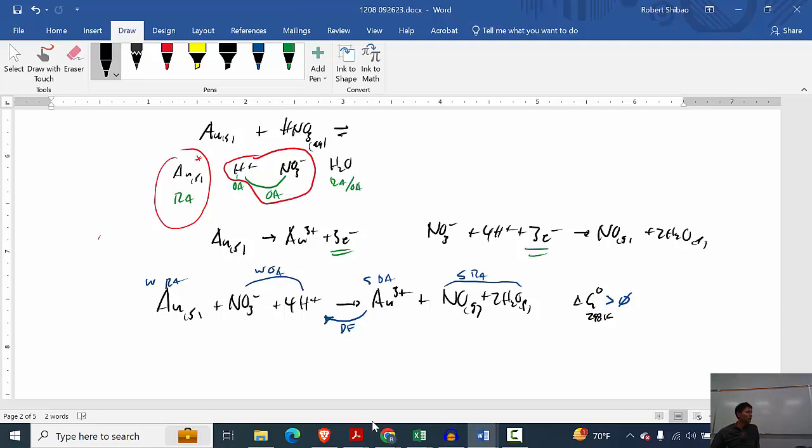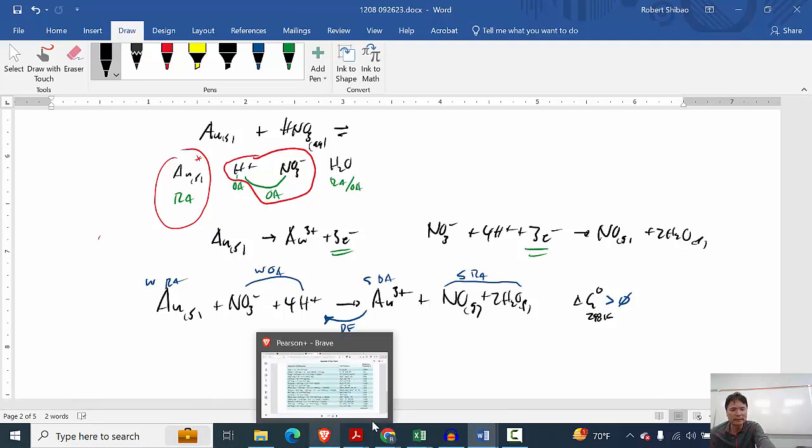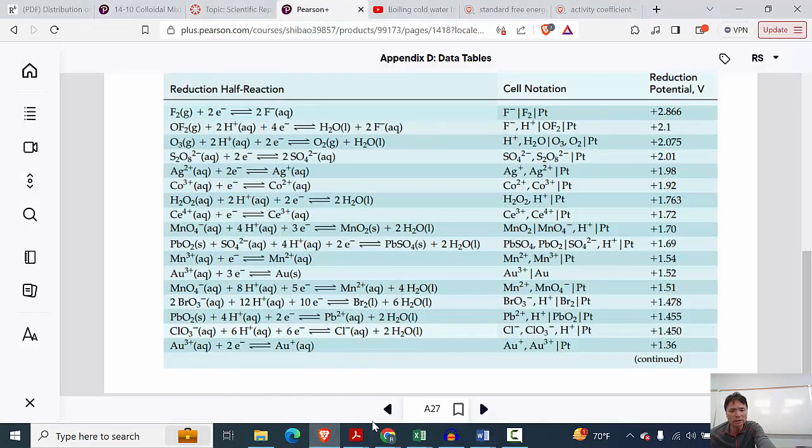And so delta G naught is greater than 0. Well, what's the easiest way of calculating delta G naught? The easiest way of calculating delta G naught is to use the delta G naught of formation, that is the standard free energies of formation of the products minus the standard free energies of formation of the reactants. So I can find the free energy data in Appendix D as well. So let's go back here and see if we can find it.